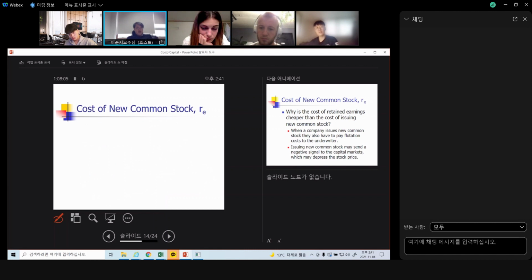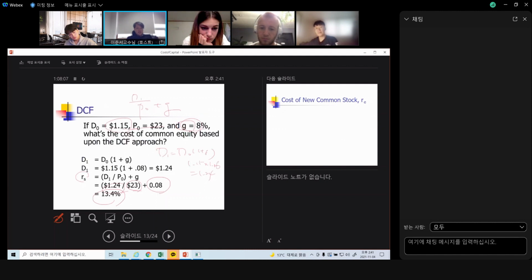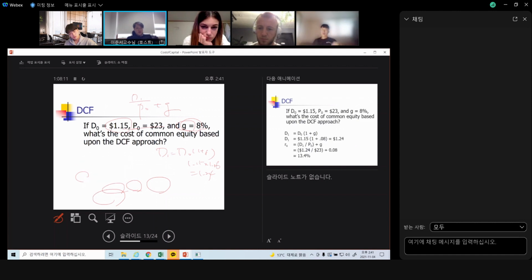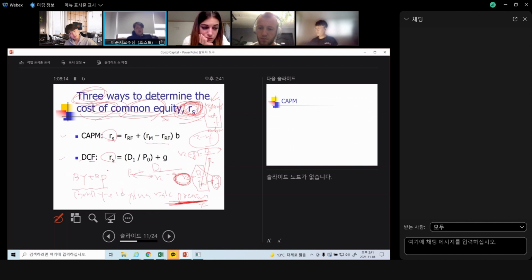Then RE, let me explain RE in the next class. So that's the first way and the second way, and the third way is the bond yield plus risk premium. Generally, which financial instrument provides higher return?